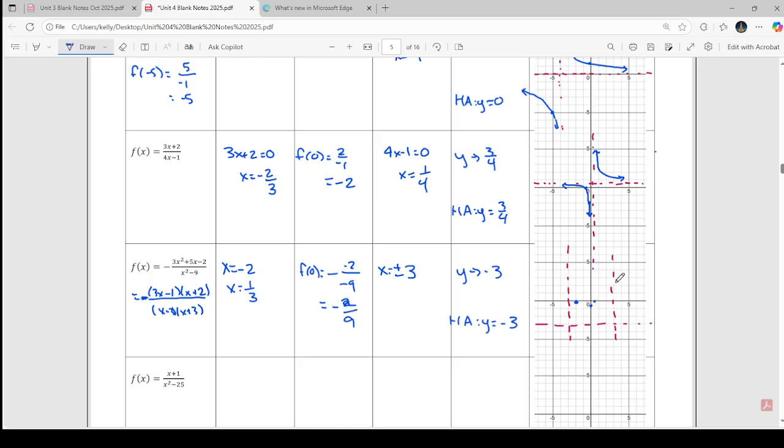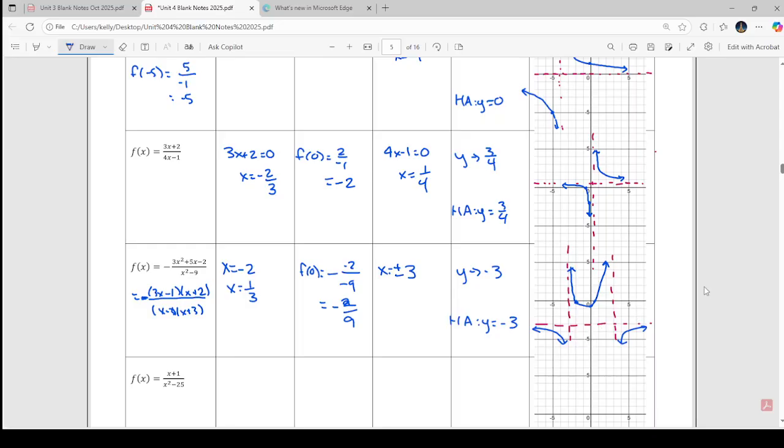I have to stay within my asymptotes. I will come down through these points and back up. On the left and the right, there are no more x-intercepts, so I'm going to have to draw below the horizontal asymptote, and my ends are approaching negative 3, but I'm respecting the vertical asymptote by not touching or crossing it.